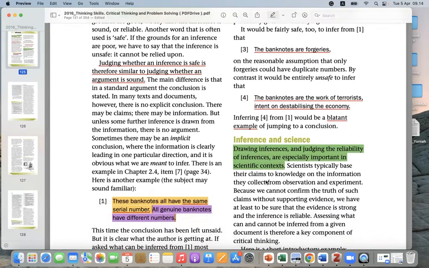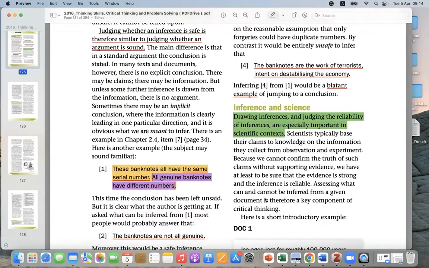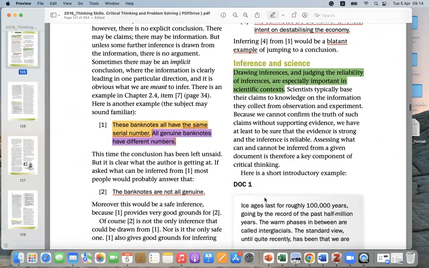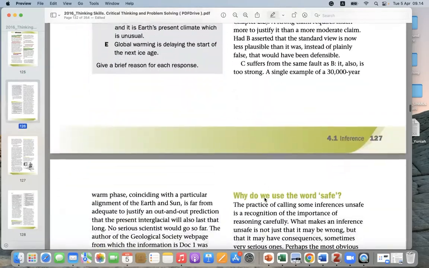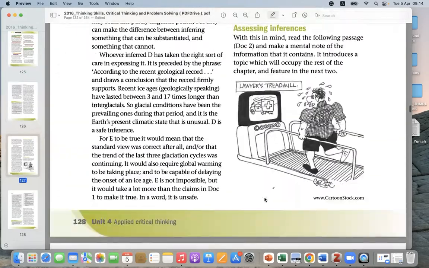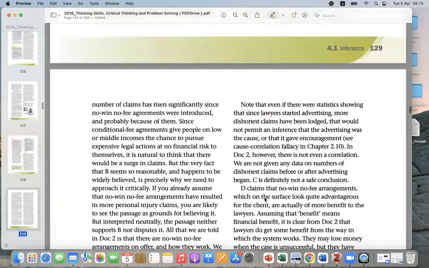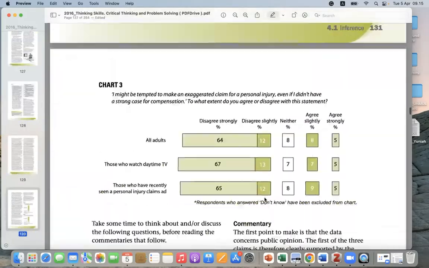So drawing inference and judging the reliability of inference are especially important in scientific contexts. When we want to make an argument, as we are listening and learning together so far, I think making inference is the basic idea of what we are talking about. And now we go to the next one.